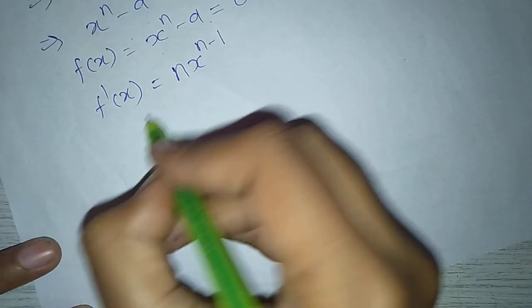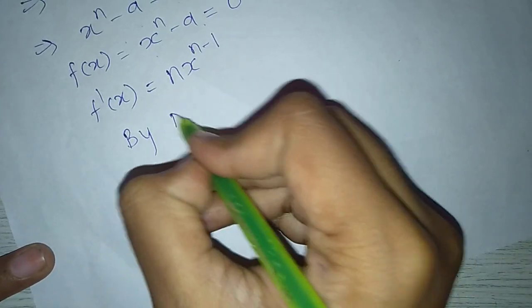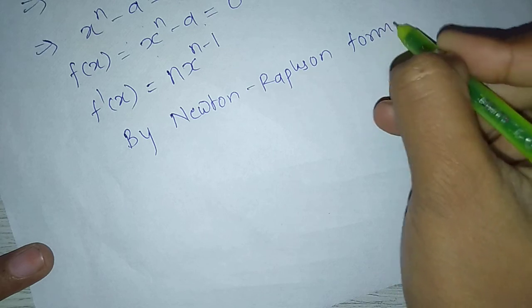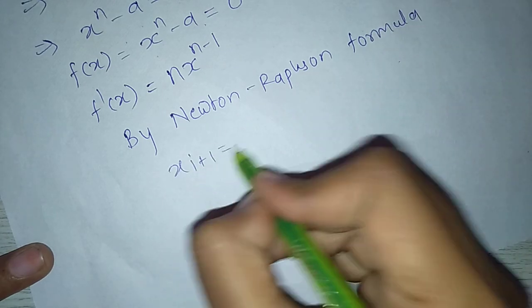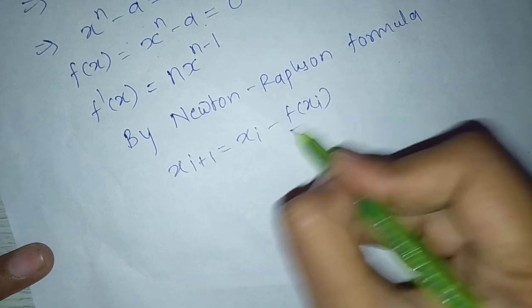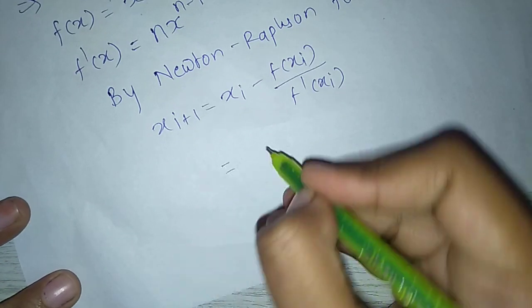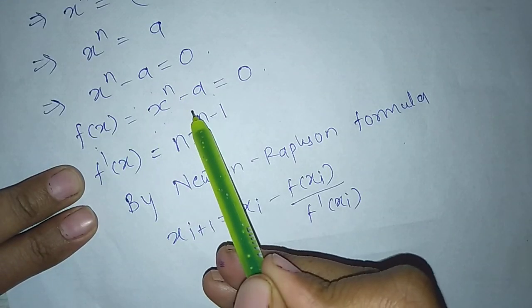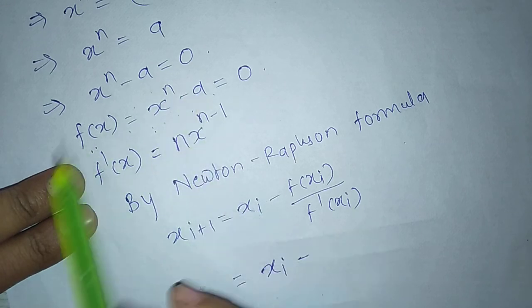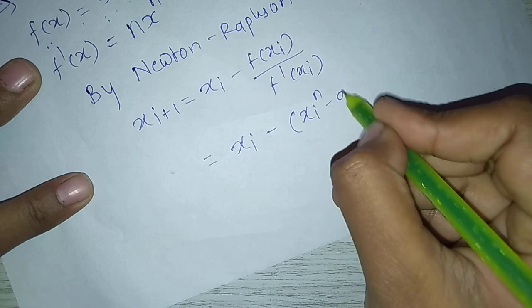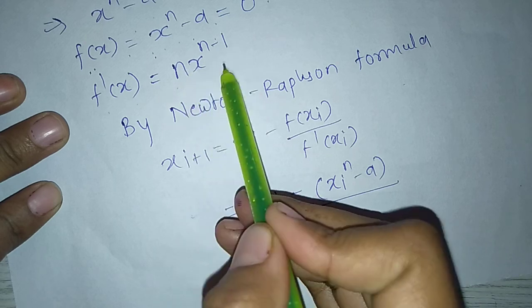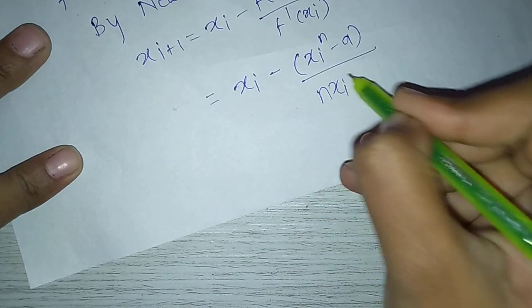Now, by using the Newton-Raphson formula, x_{i+1} = x_i - f(x_i)/f'(x_i). Here f(x) = x^n - a, so f(x_i) = x_i^n - a. And f'(x) = n x^(n-1), so f'(x_i) = n x_i^(n-1).